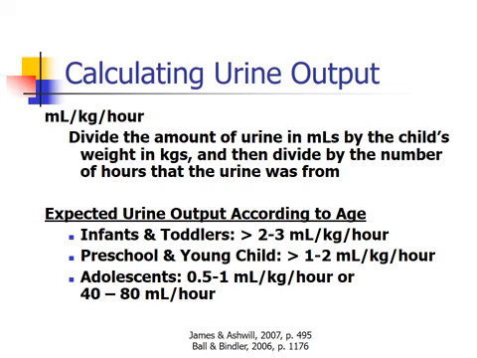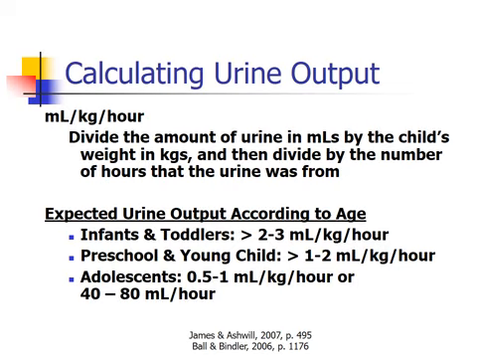Okay, and then we don't calculate urine output on every child, but it would be important if the child came in with dehydration, or if they're receiving an aminoglycoside, then you want to ensure that you have good urine output before giving those drugs.